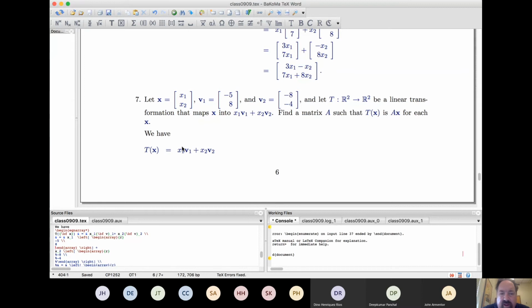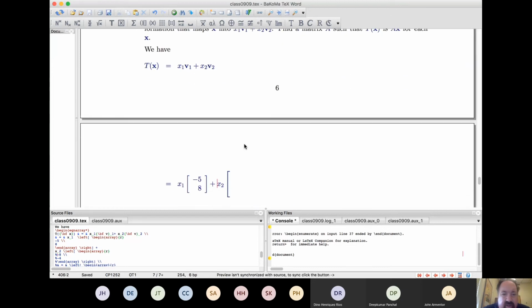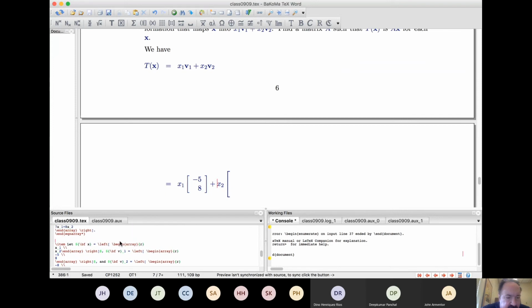All right, so here is my formula for T of x. So it's given by this. Wait, I need a new page again.